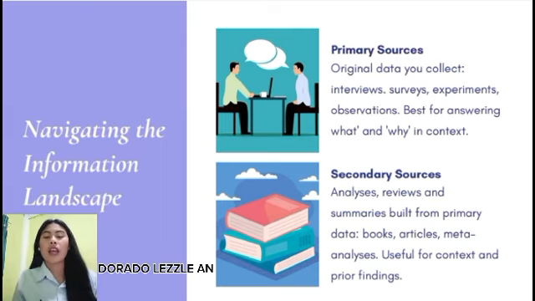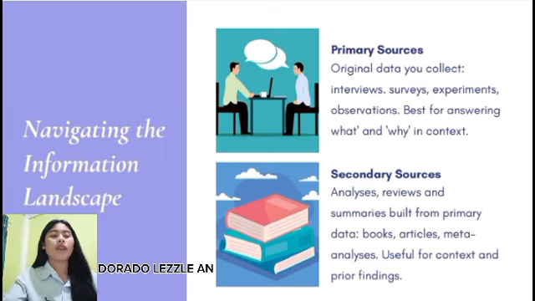Examples of this are interviews, surveys, and questionnaires, experiment and laboratory results, observations, and also field notes. So primary sources are the best for answering what happened and why did it happen, because they come straight from the source without interpretation. So it is considered very strong evidence in research.